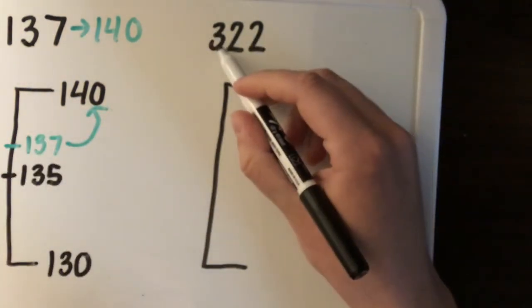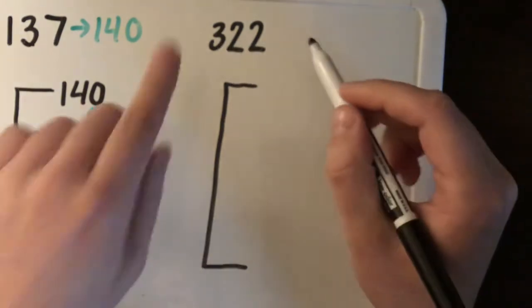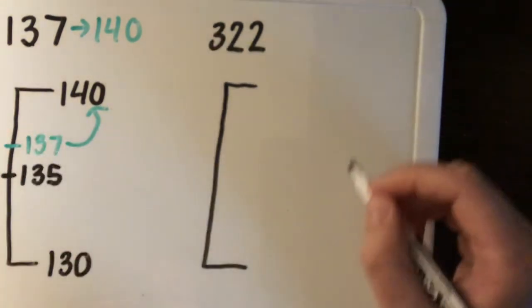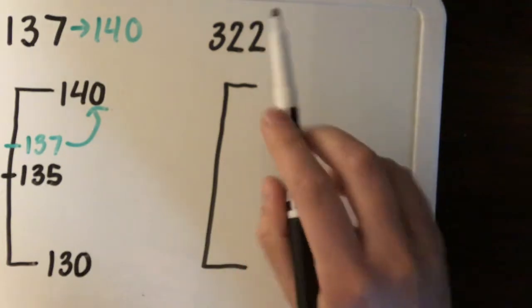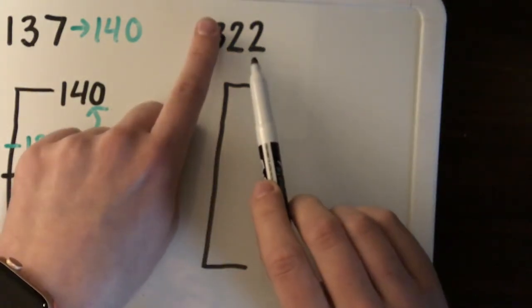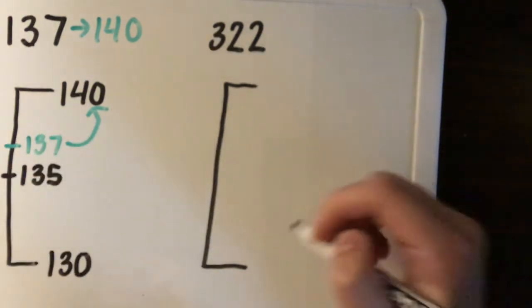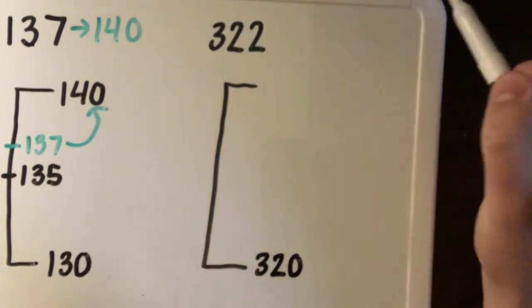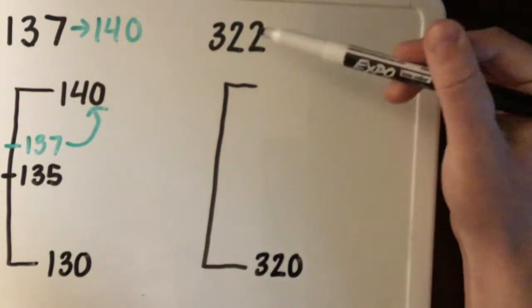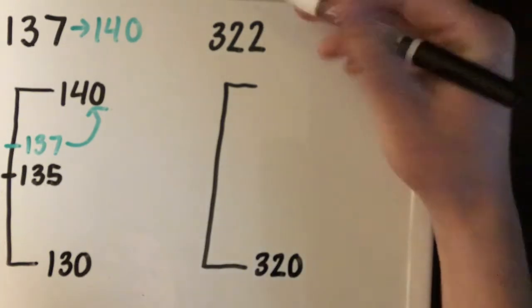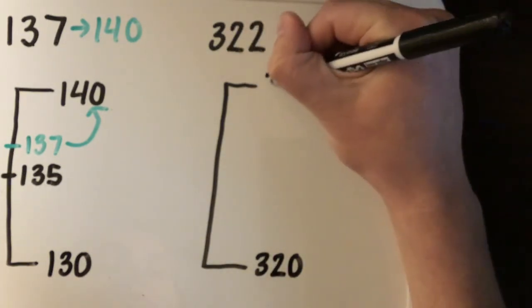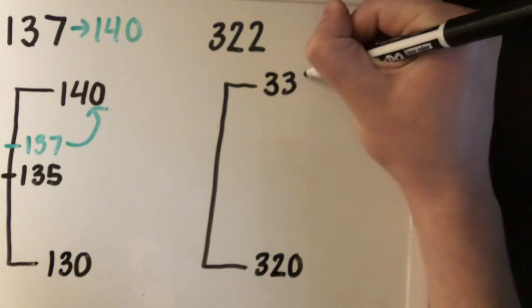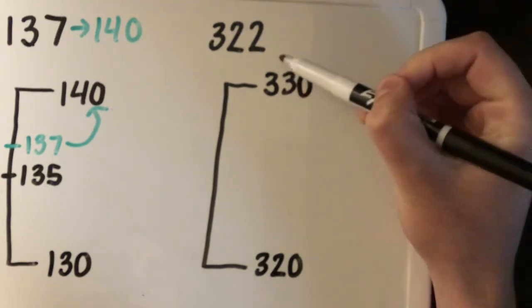So I'm still going to put that 3 there, because that's in the hundreds place, but I'm thinking about the tens. So I know that if I think about 22 alone, the 10 that comes before that is 20. So I would have 320 down here. And then the 10 that comes after 22 would be 30. And I'm just going to add in that 3 in the hundreds place, so I keep making it consistent.